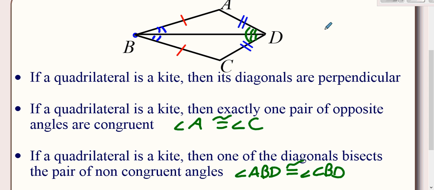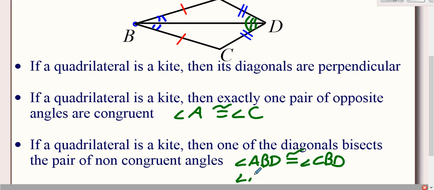And same thing on the right side, angle ADB is congruent to CDB, because the angles are bisected. They're cut in half.